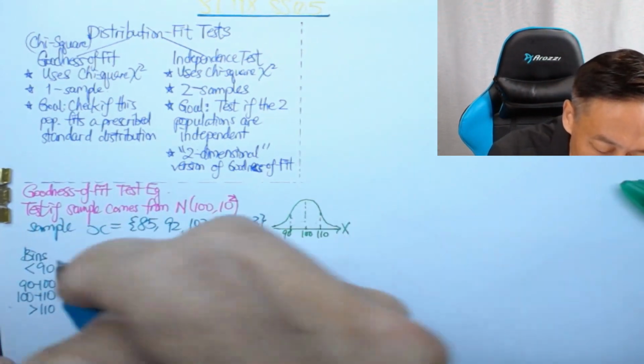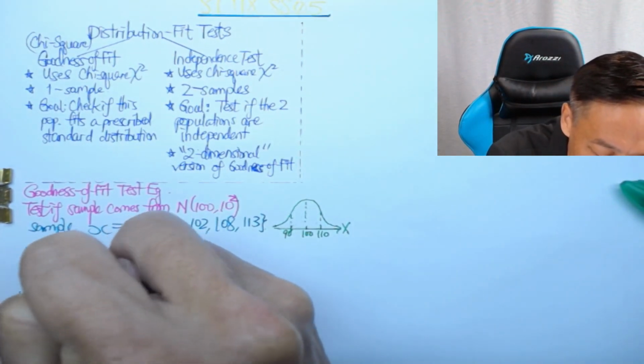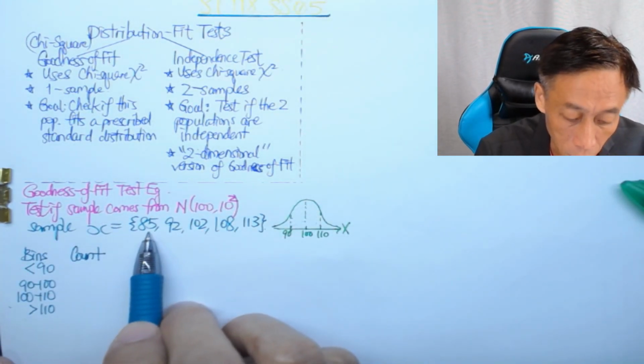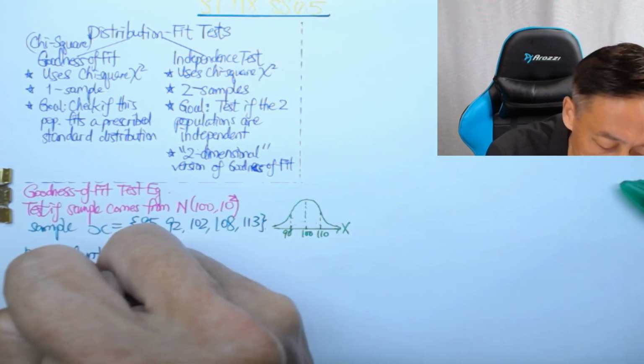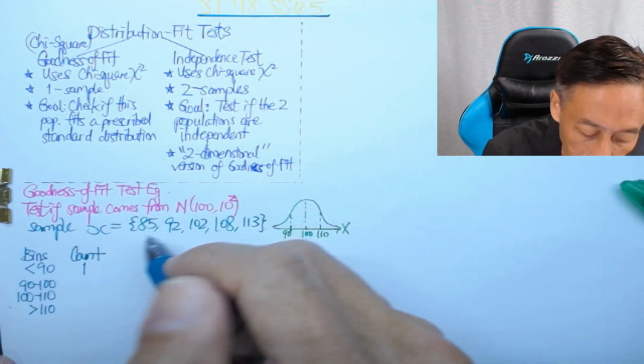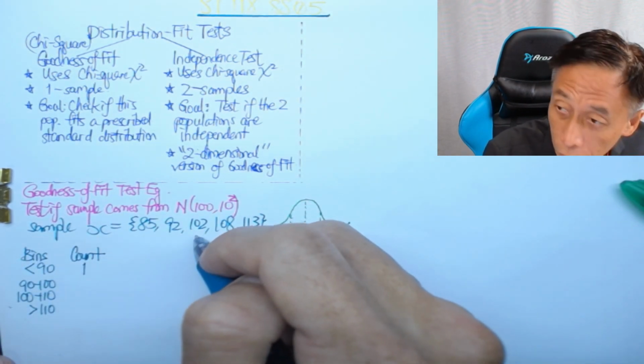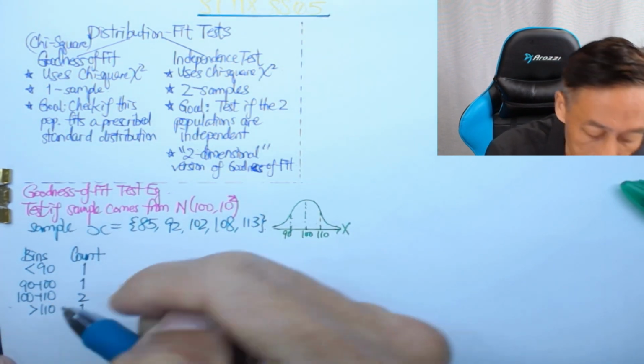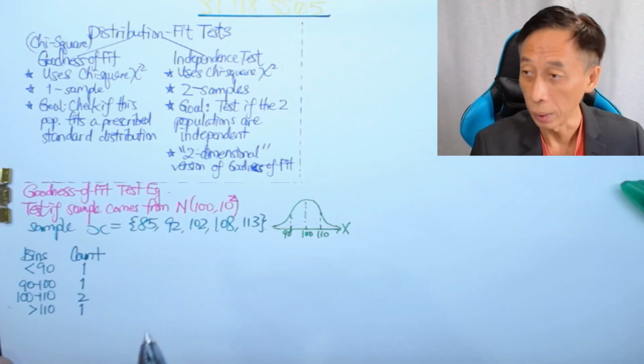Next, what we want to do is to look at the count of data, right? So looking at the count, one sample falls below, and we have 92, 102, right? We can quickly do that, and of course using program code, this will be done very quickly.